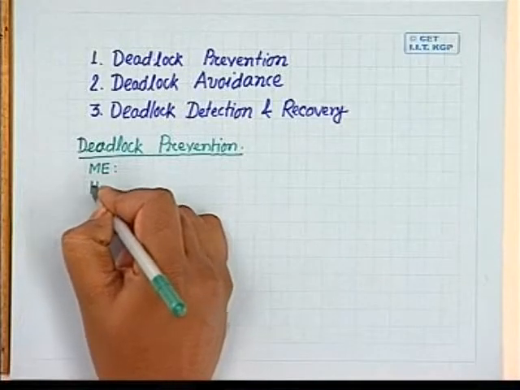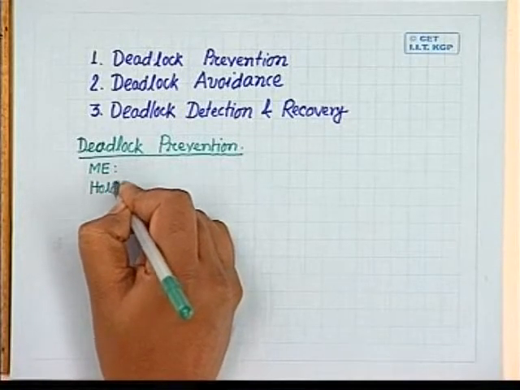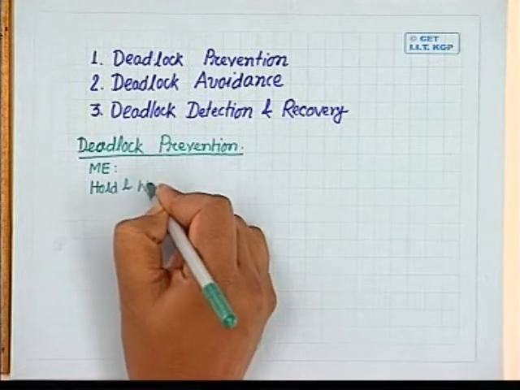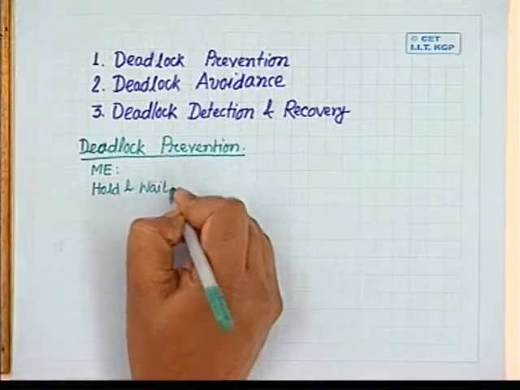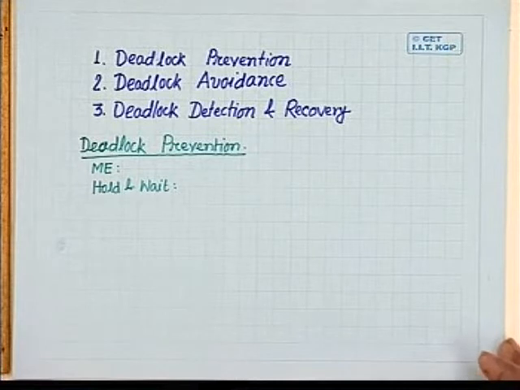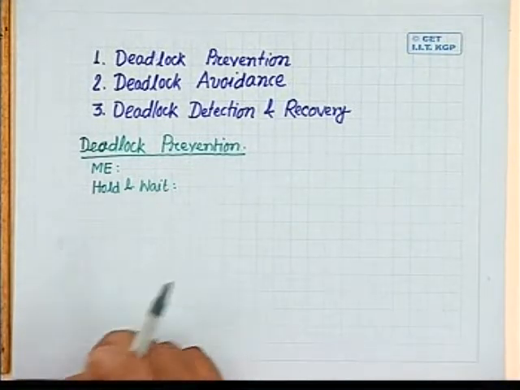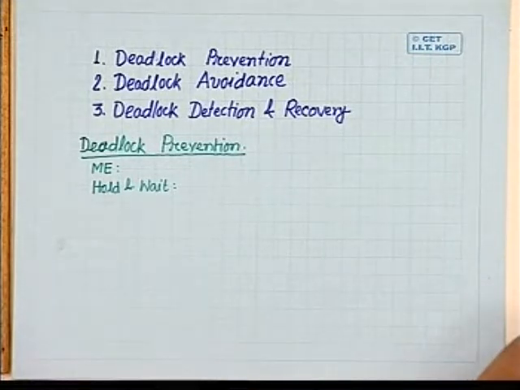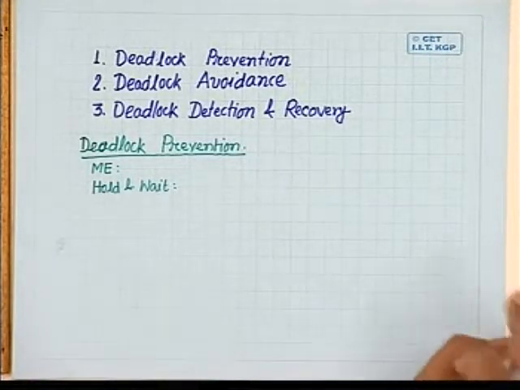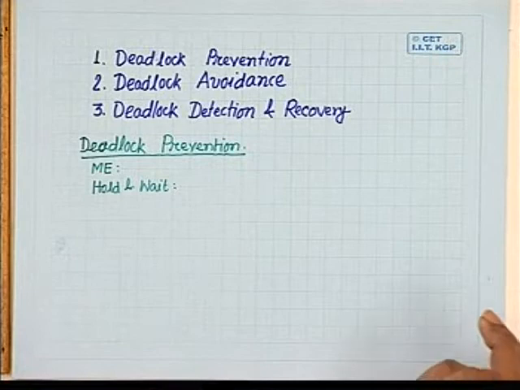The next condition is hold and wait. Let us see whether this condition can be broken. Hold and wait says that a process requests additional resources while holding other resources. So here I can put a restriction that a process can request a resource only when it is holding none.